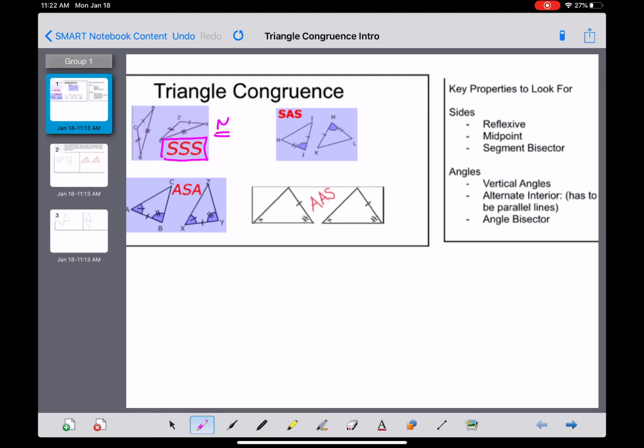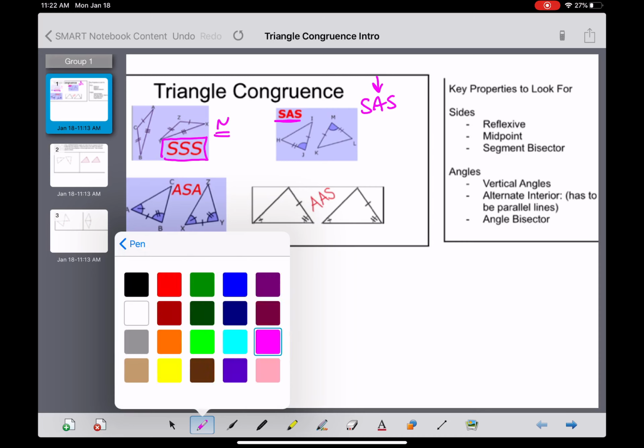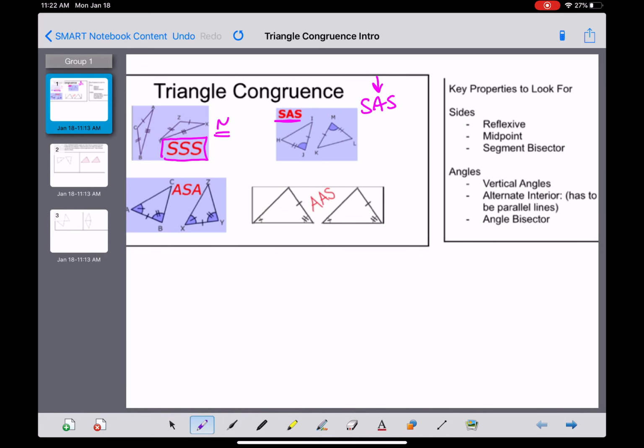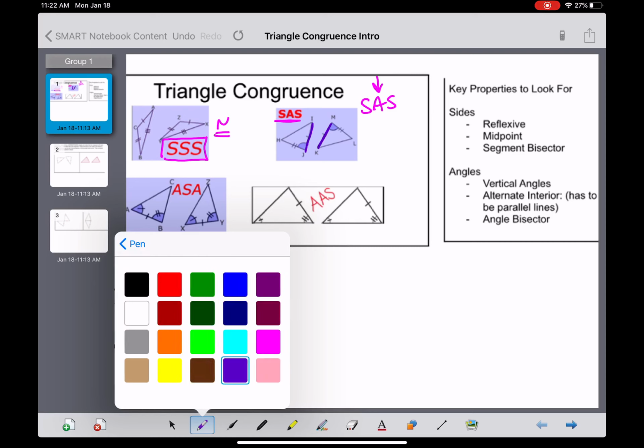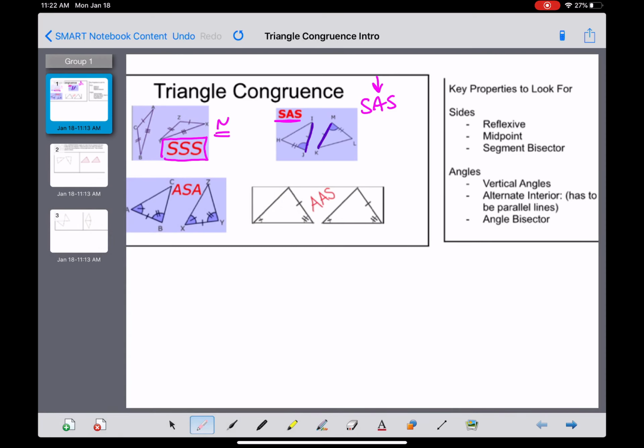Another pattern that you're looking for is side, angle, side. The key with side, angle, side is that the angle has to be the included angle. It has to be the angle in the middle of the two sides. So if we look at this picture, side JI is congruent to MK and HJ is congruent to ML.